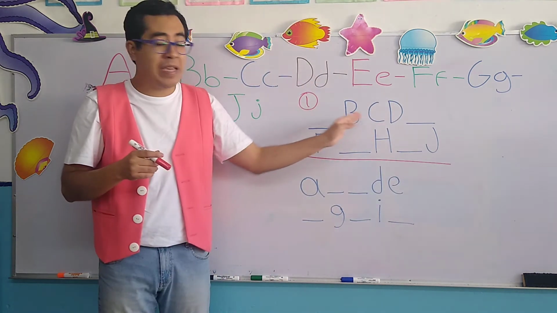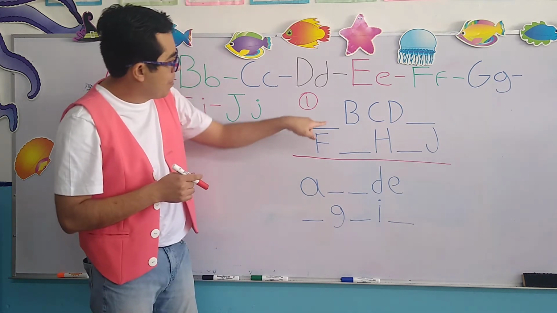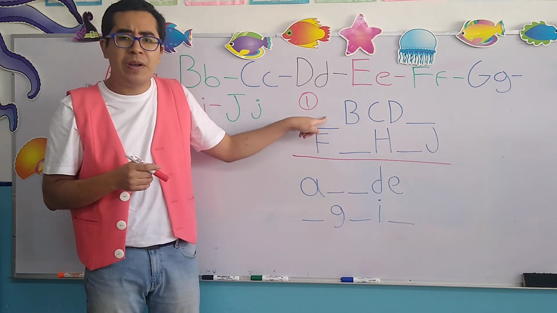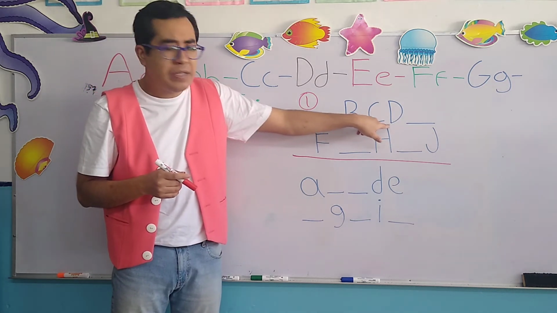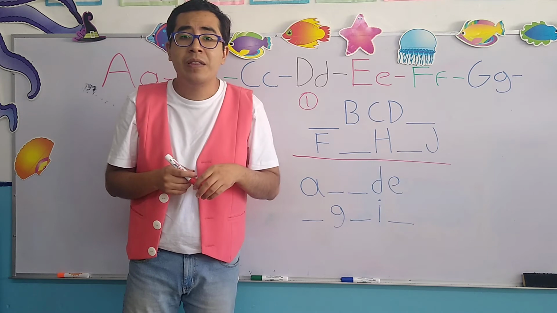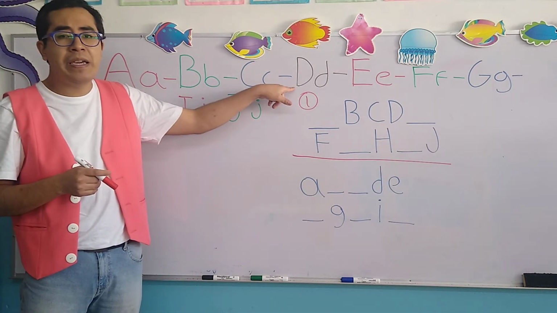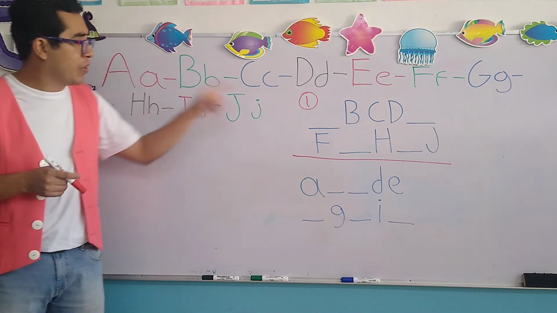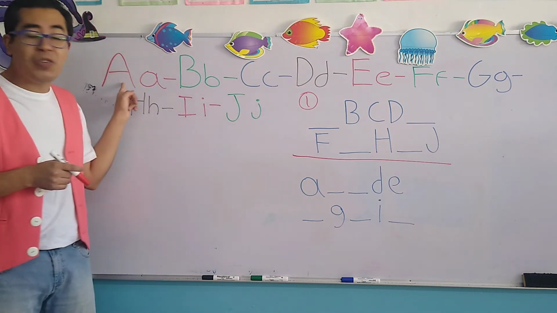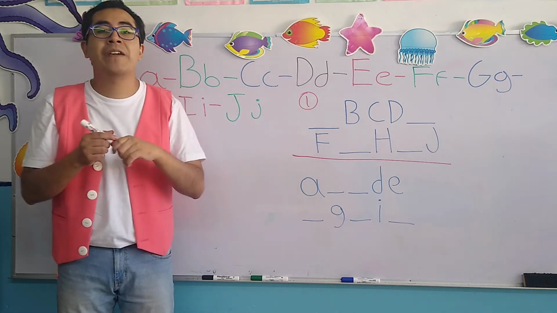Now, here we have the alphabet in order, but remember it's not complete. So here we have a missing letter, and the letter that is next is B, C, D. So let's check the alphabet. B, C, and D. So what about letter A? Letter A is not here. So this is the one that we have to write here, okay?